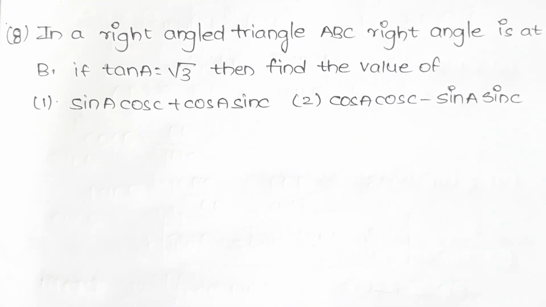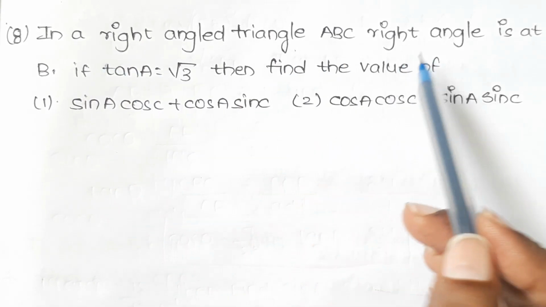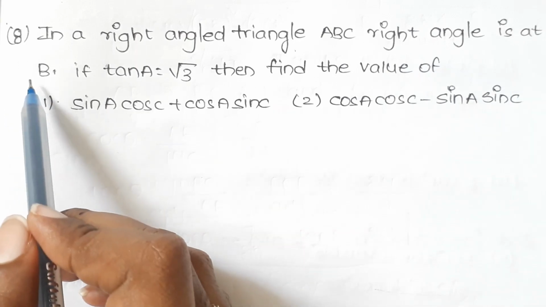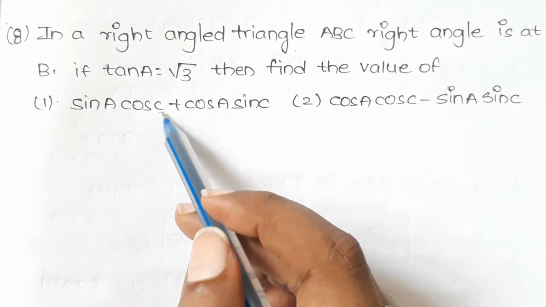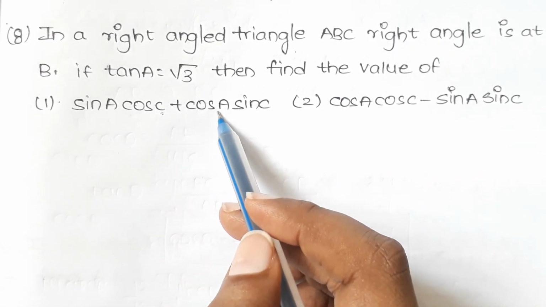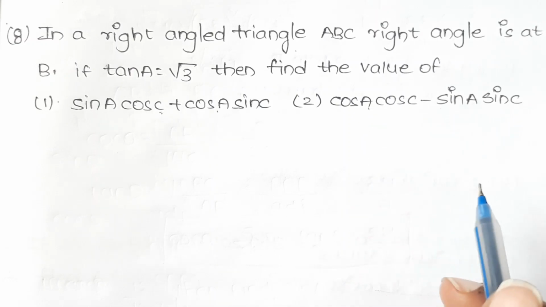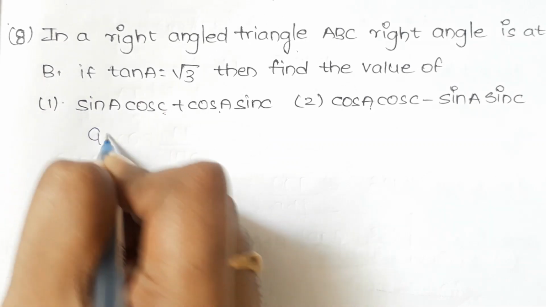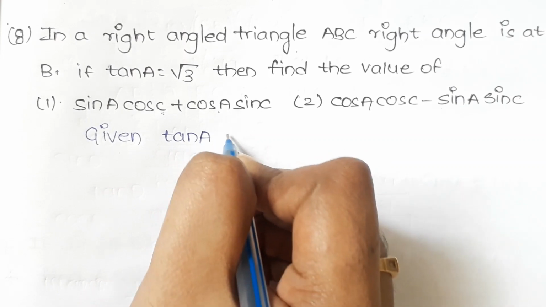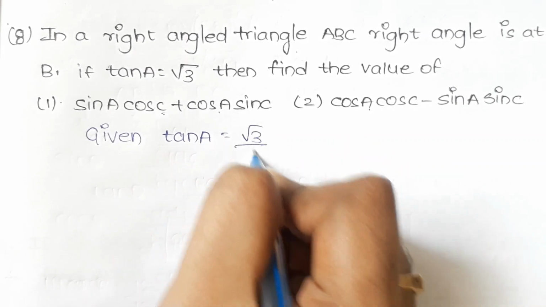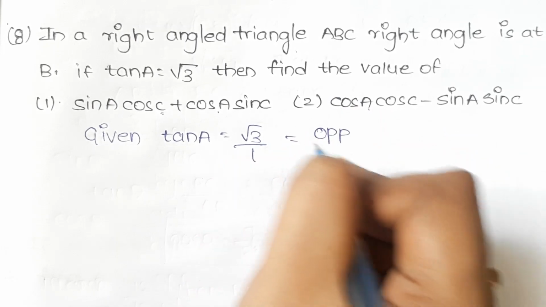And now here is the 8th question. In a right angle triangle ABC, right angle is at B. If tan A is root 3, then find the value of sin A cos C plus cos A sin C, and the second one cos A cos C minus sin A sin C. Here given tan A equals root 3 by 1, that is opposite by adjacent.